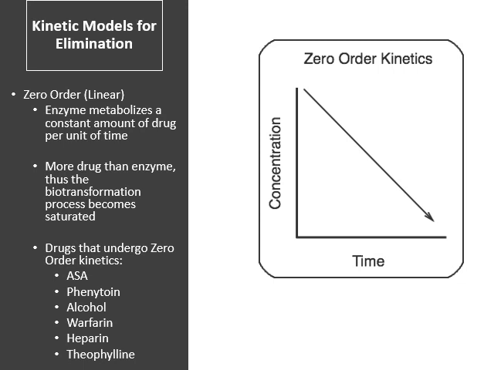You have a certain amount of enzymes available, and no matter how much of the drug is delivered to those enzymes, they can only metabolize so much of the drug per unit of time. Okay? And that's why if you think about drinking too much and becoming intoxicated and the effects of alcohol, that's what's happening. You drink and consume alcohol, but you only have X number of cytochrome P450s to break it down.